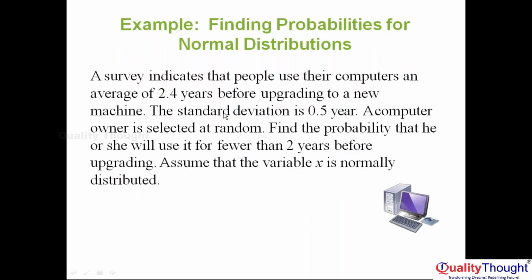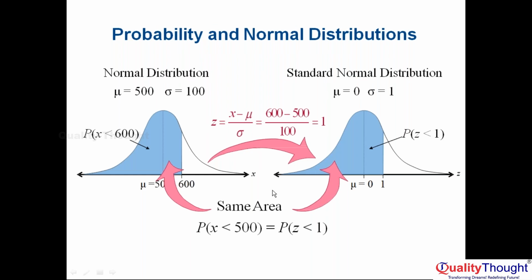You can clearly get the value of z score, which is going to be 1. You can always find out the probability for the z score less than 1, meaning you have to identify the area of the curve from the left hand side till the first inflection point, which you have already seen.